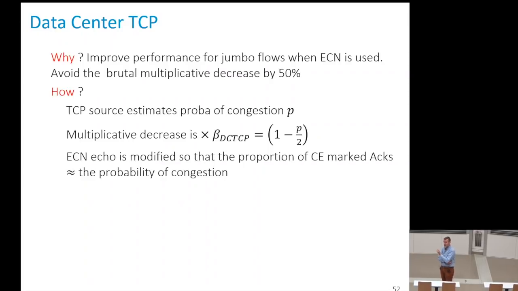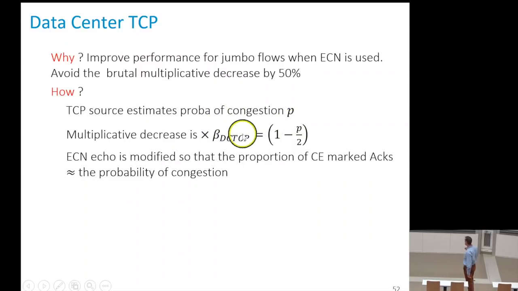For jumbo flows, the estimation will be very efficient. If you receive 50,000 packets, you can count which proportion of those 50,000 packets have a mark or not. So you can have a reasonable estimate of the congestion probability. And then the multiplicative decrease is equal to this. So it's adaptive.